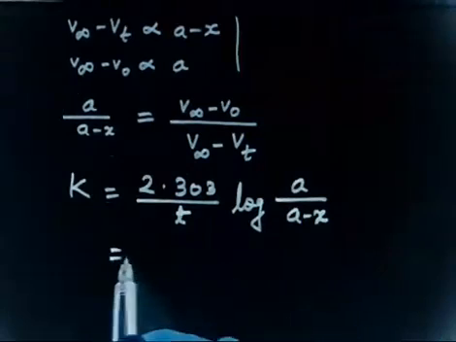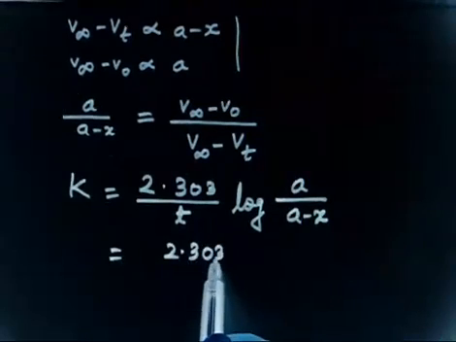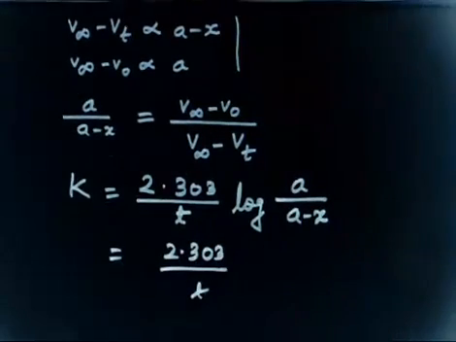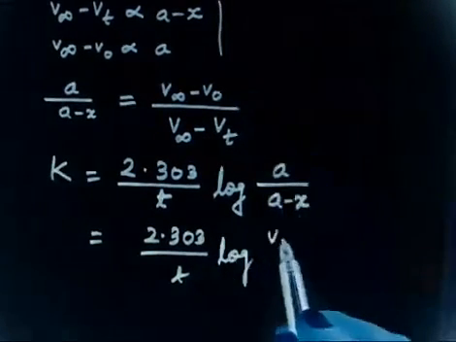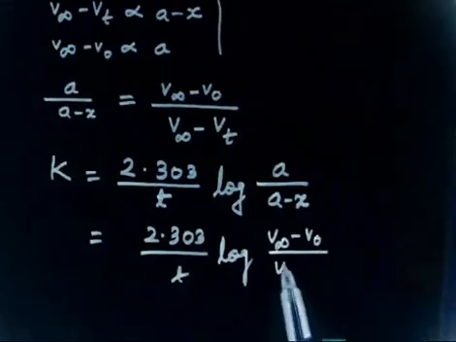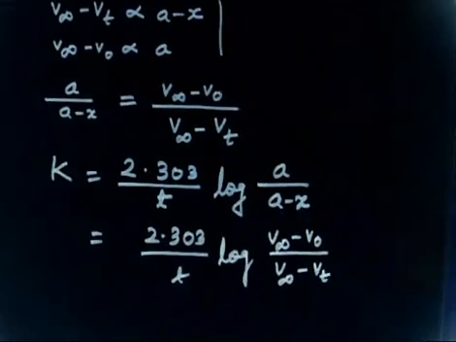So if I know A by A minus X, what is it? You see here, this is V infinity minus V0 by V infinity minus Vt.